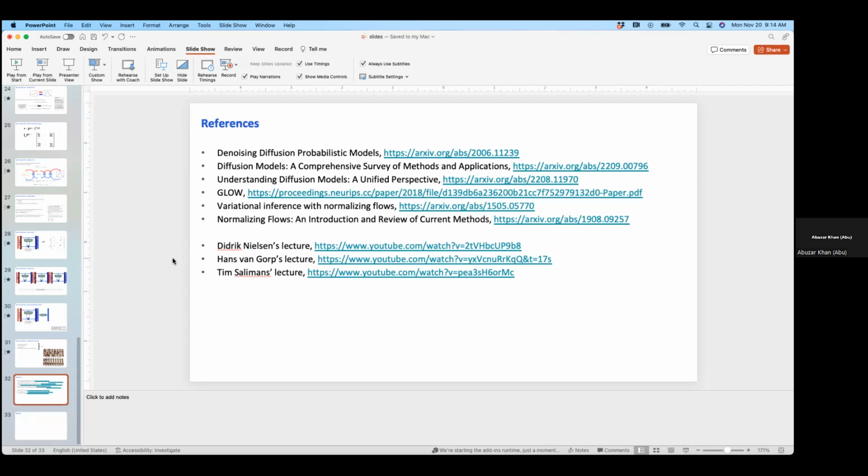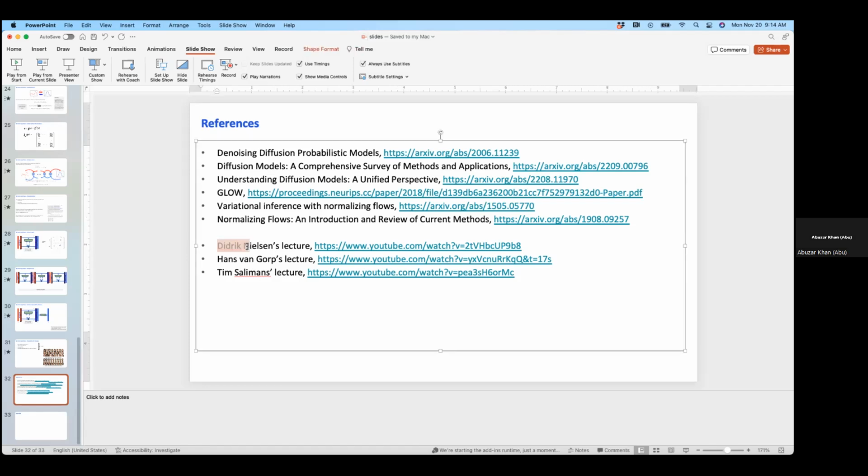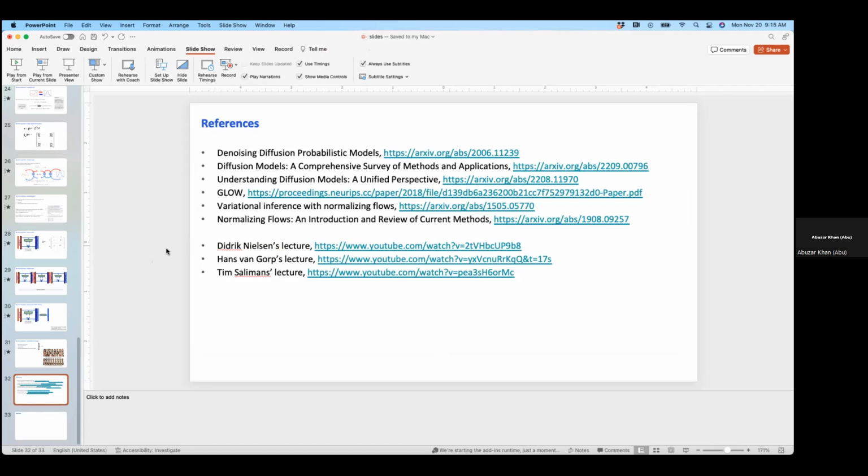I tried to come up with something different, but decided not to because it's better not to touch something that's already great. In addition, this is Tim Salmon's lecture on diffusion models and variational autoencoders. And this is Dedrick Nielsen's lecture on normalizing flows and diffusion models. The only difference here is they go through their work on text instead of images as well. So if you're interested, feel free to watch those.